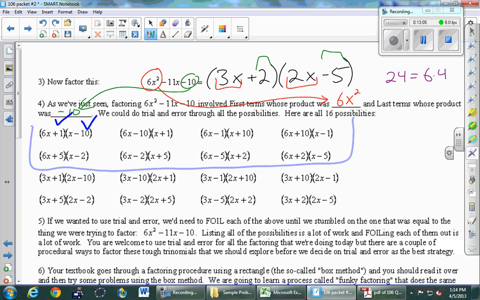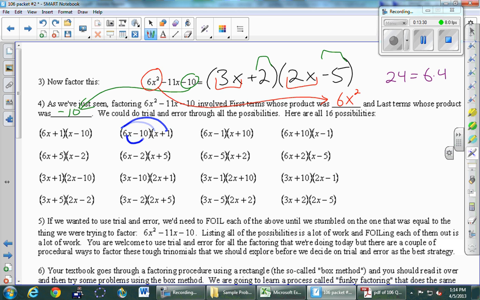Positive 1 and negative 10, negative 10 and positive 1, it sounds the same, but it's different because when I do the outers here, we're going to get a negative 60x. Yes? So the 6 goes with the 10 when I do the outers. Does the 6 ever go with the 10 in this problem? No, the 6 will go with the x and the 6 will go with the 1.